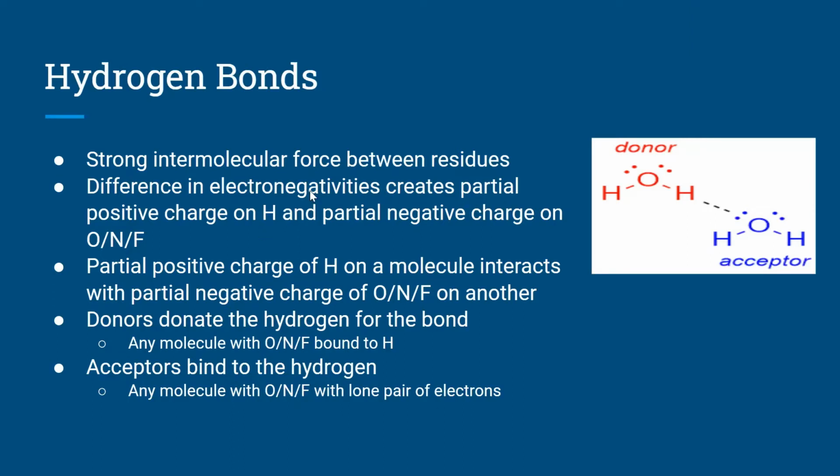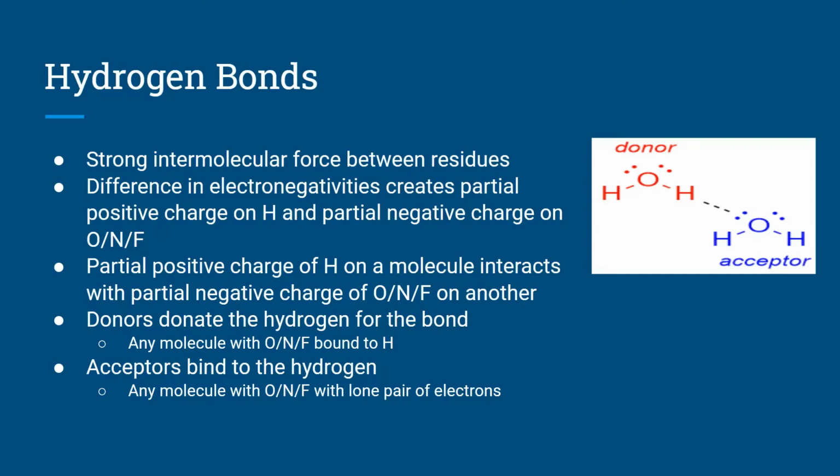Because of the electronegativities, the hydrogen has a partial positive charge, while the oxygen or nitrogen has a partial negative charge. That's because the electronegativity of the oxygen or nitrogen draws more of the electron density towards it, which leaves a partial positive charge on the hydrogen.